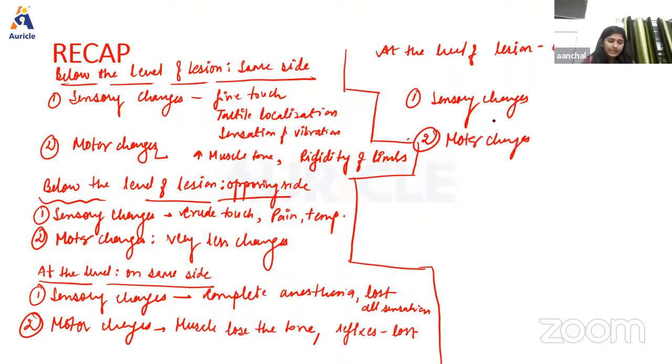In sensory changes, there is loss of pain, temperature, and crude touch. This all occurs because the crossed spinothalamic tracts are affected.